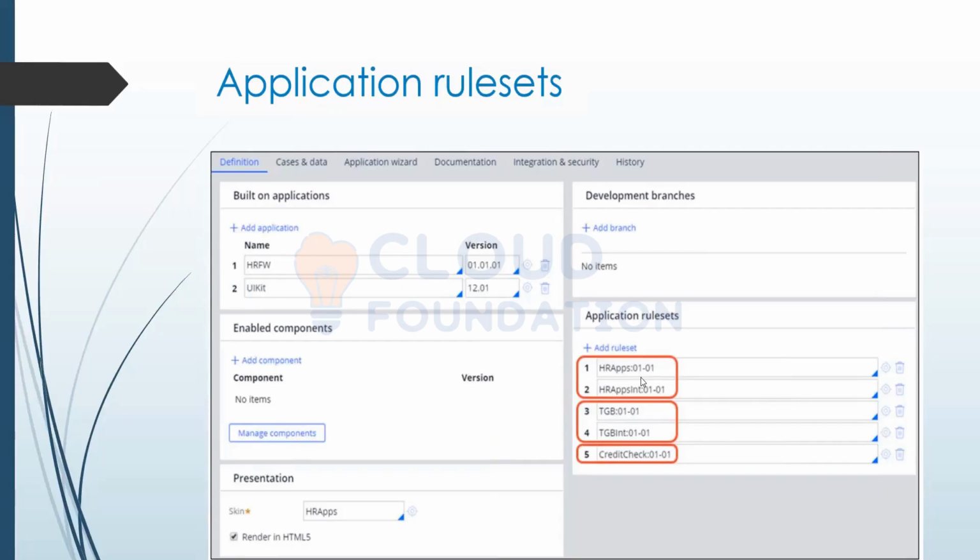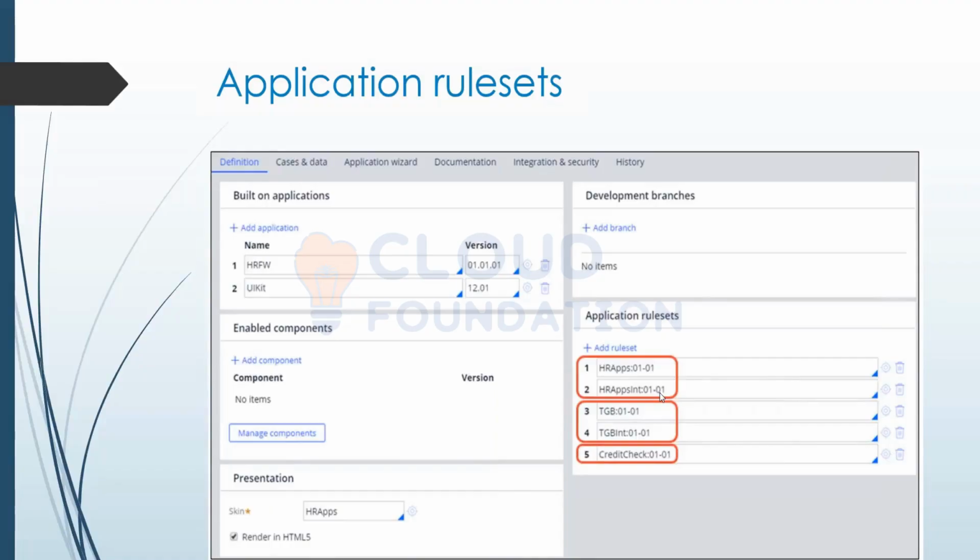If the system is not able to find some rule there, then it goes to the second one. Here initially your apps is going to be the top of your stack. Once the rule is not available there, it is popped out. Next, what becomes the top of your stack is going to be your apps int.